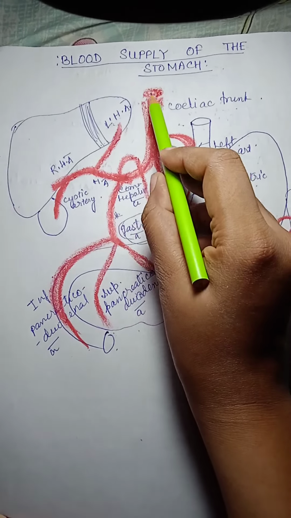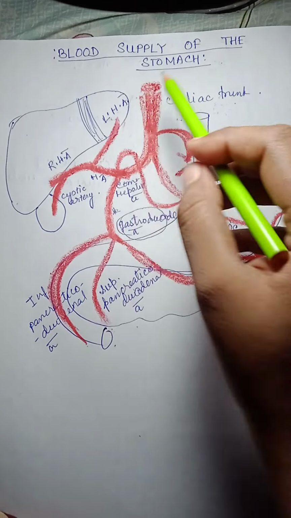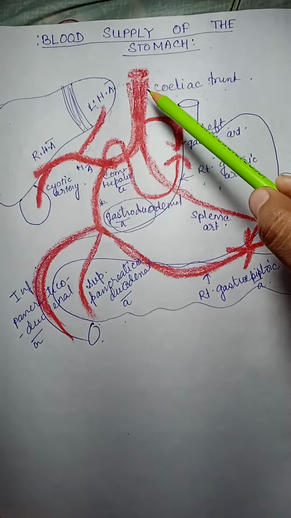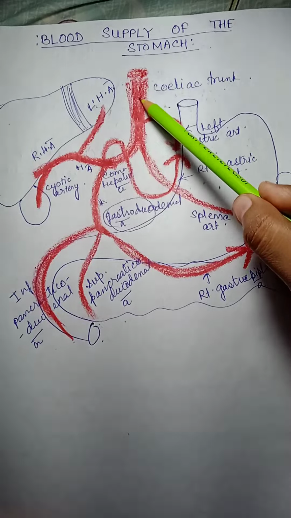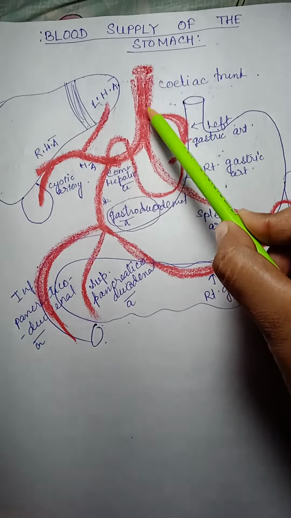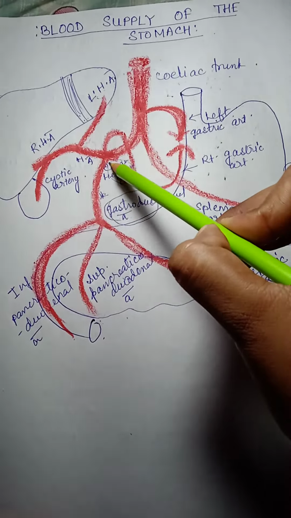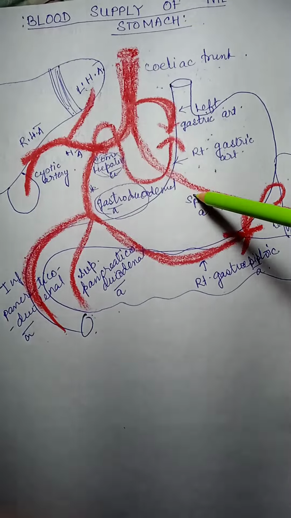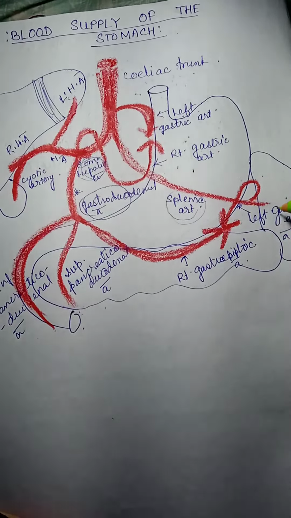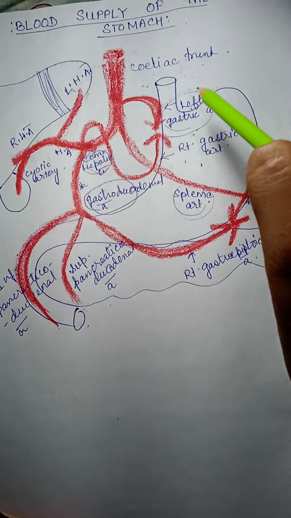The celiac trunk is a branch of the abdominal aorta, not the arch of aorta, that is supplying the stomach. It gives three main branches: the common hepatic artery, the splenic artery, which supplies the spleen, and the left gastric artery.